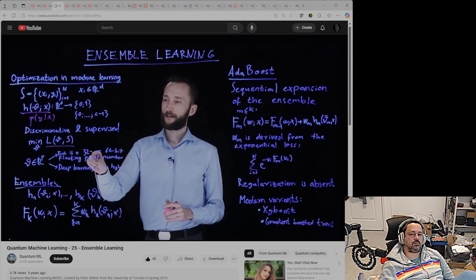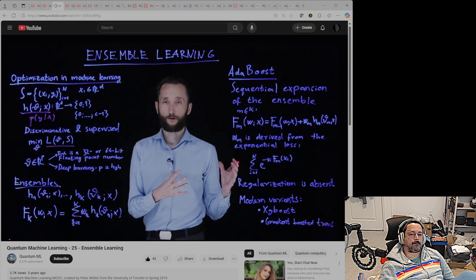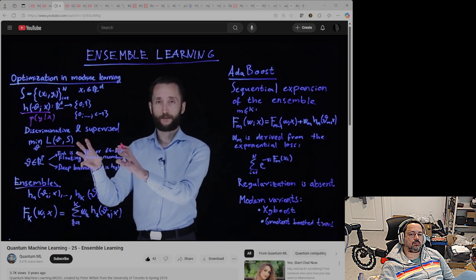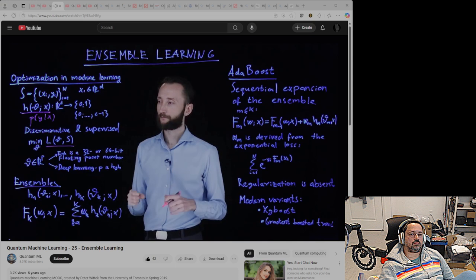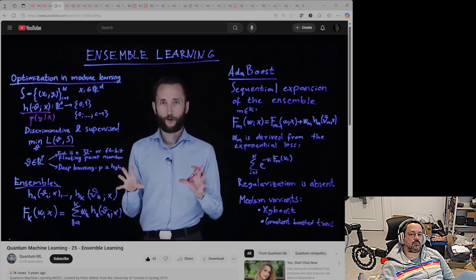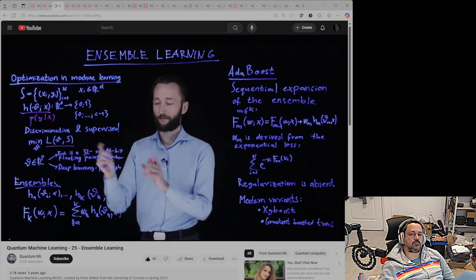So you use at least 32 bits per weight, and you have millions of them, whereas the largest quantum computer we have has 2,000 qubits. So there seems to be a misfit between this continuous type of optimization and what we can do on a quantum computer. So we have to think a little bit differently. There is hope. You can use quantum computers for optimization, but not for this kind of problem.